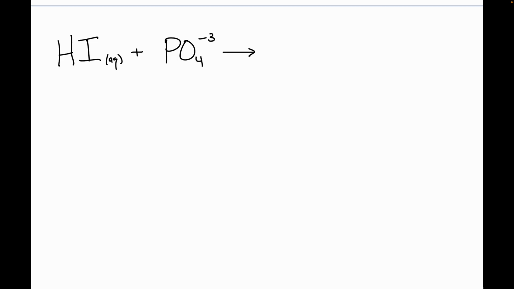All right, I'm going to tell you that this is playing the role of the acid and this is playing the role of the base. And you need to give me the products of this reaction. You need to tell me what my conjugate acid and conjugate base are.